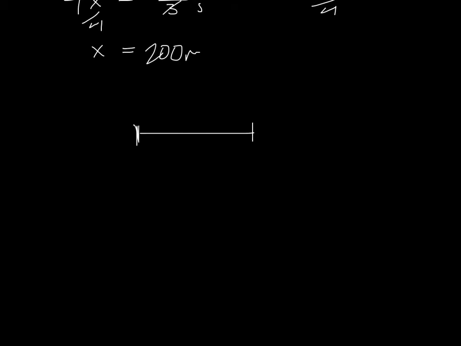Okay, so we've got a bullet train here that is 200 meters long. Right? And we have another one that is going to pass it. And that means that it has to travel how far?